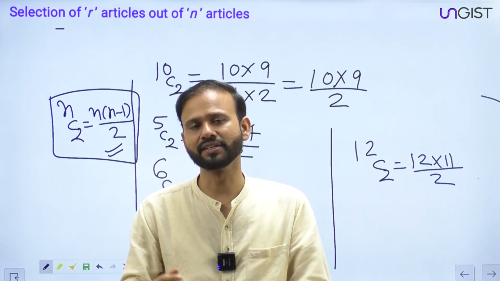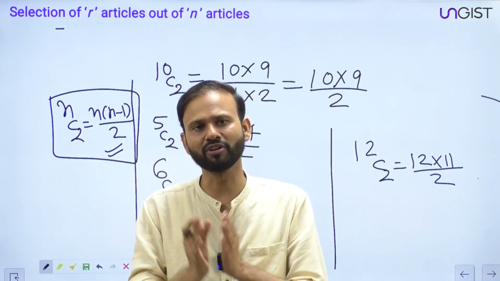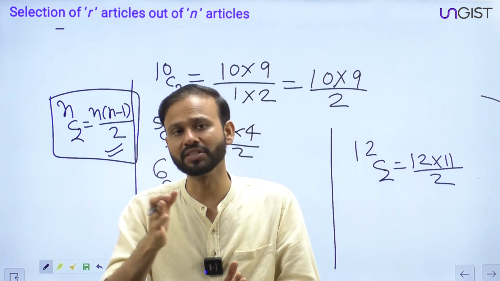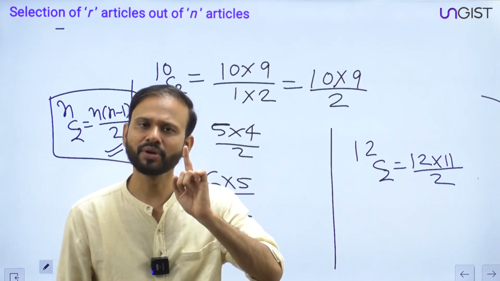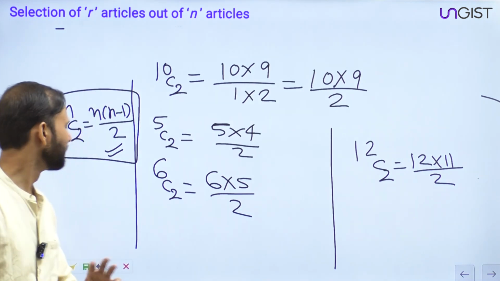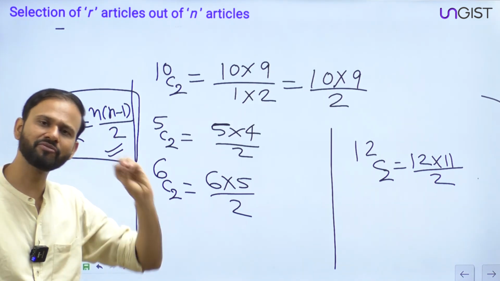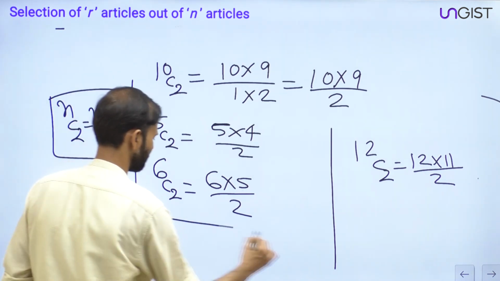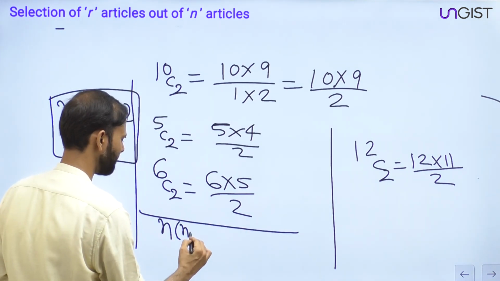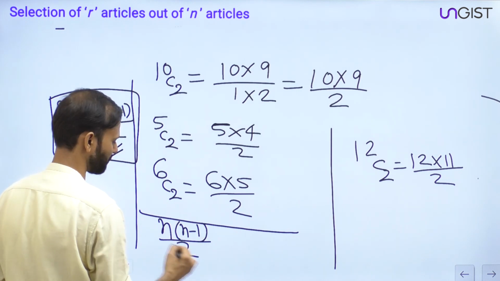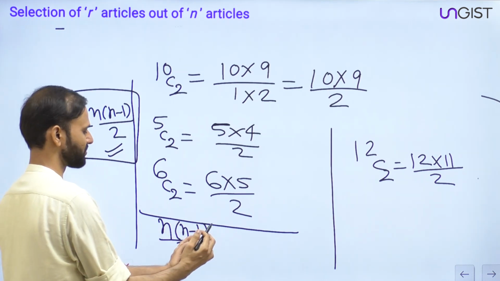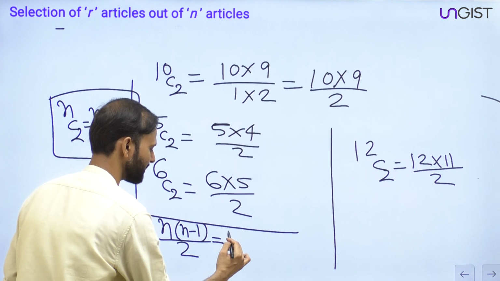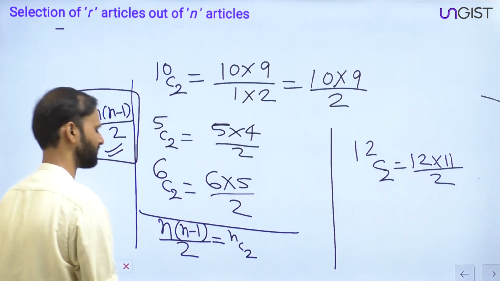In the round robin scheme, the total number of matches is equal to N into N minus 1 divided by 2. So in your yesterday's class notes, where you have written N into N minus 1 divided by 2, the total number of handshakes is equal to N into N minus 1 divided by 2. Just write it like this, equal to NC2.